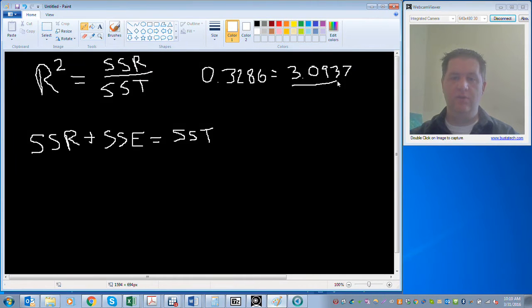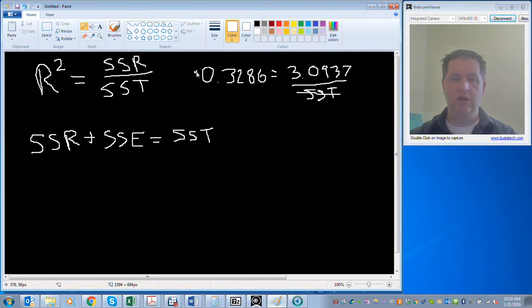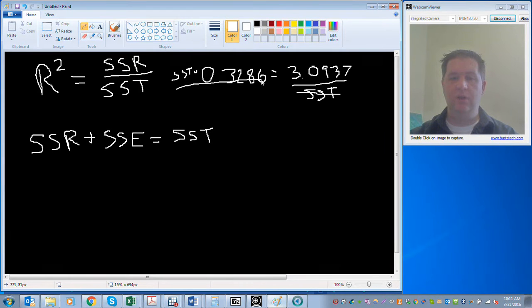So 3.0937 divided by SST. Now we can solve this equation for SST. Essentially, you multiply both sides by SST, so this goes away and this is times SST. Then you're going to divide both sides by 0.3286.